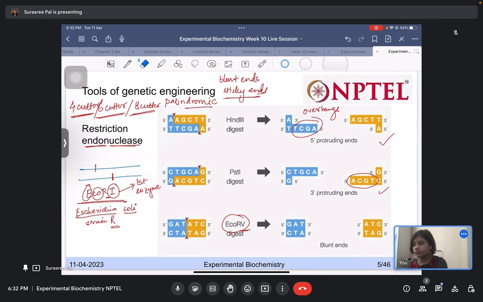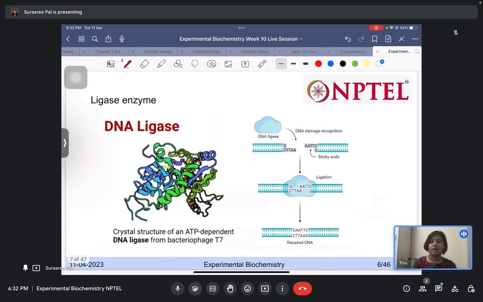Now, the next tool that we are going to discuss is another enzyme which is called DNA ligase. DNA ligase is the enzyme which is responsible for ligating two ends of DNA. So for example, what do we do with the restriction enzymes?